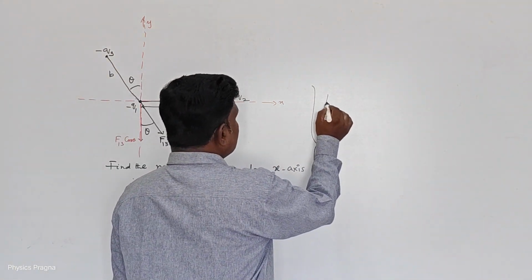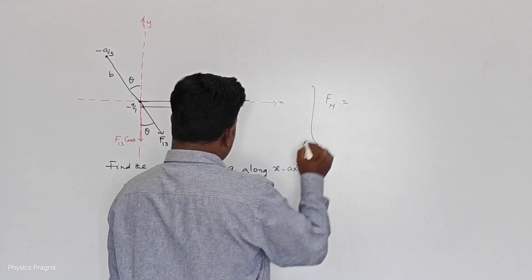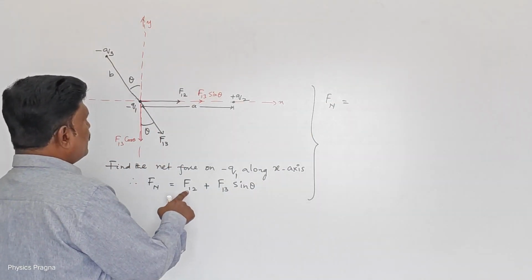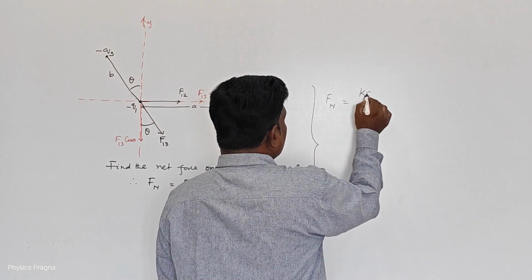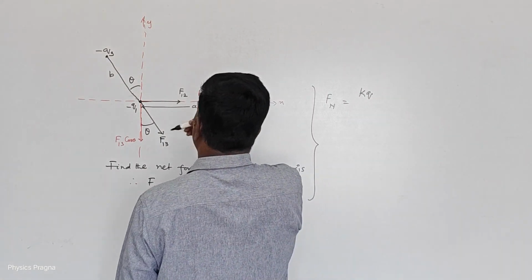The net force is equal to the force on the first one because of 2, which is K q square by a square.